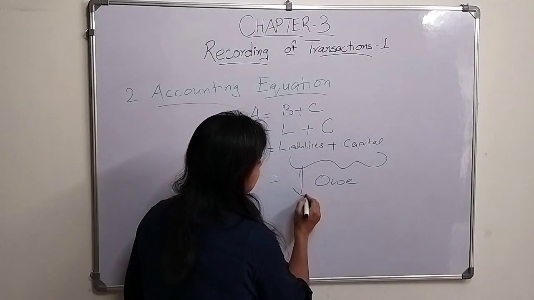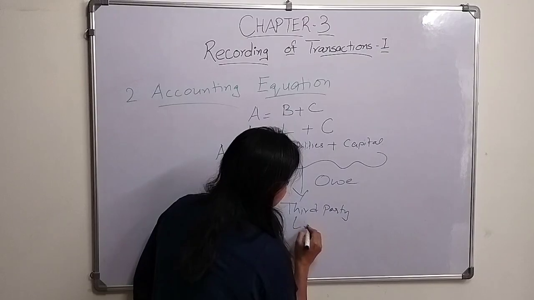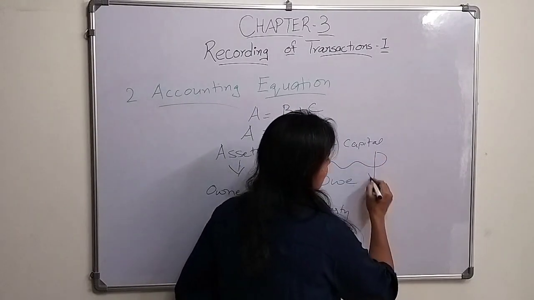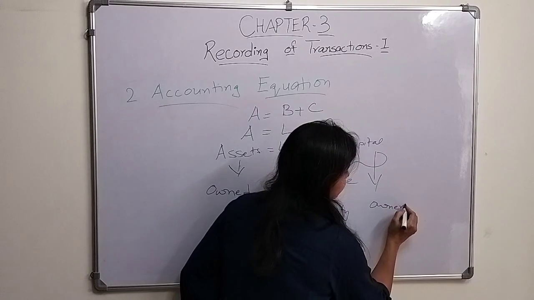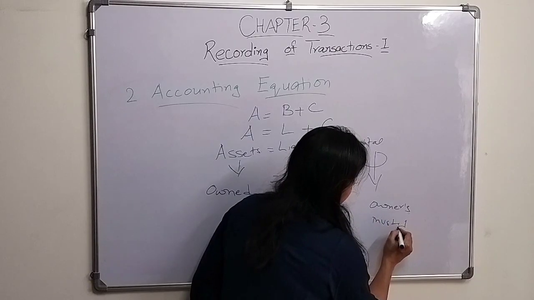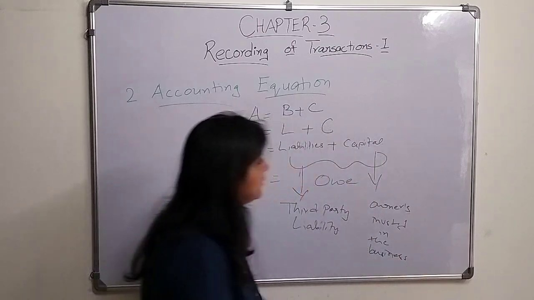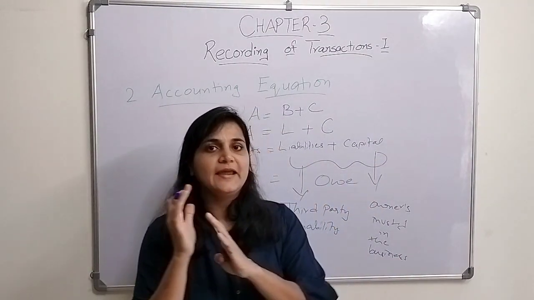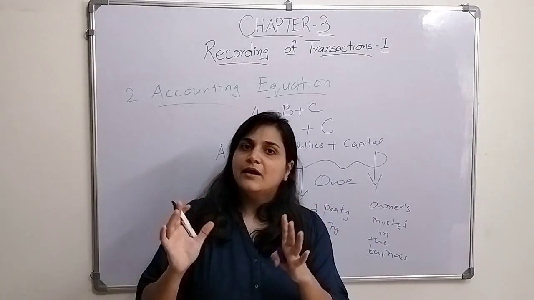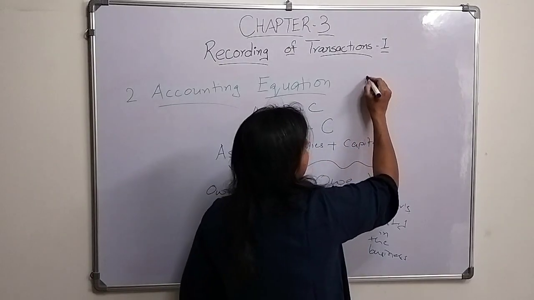This liability is third party liabilities, and capital is the amount that the owner has invested in the business. Okay. Now, as we discussed earlier also, the owner is different, the entity is different. So the entity is liable to pay the owner the capital amount. And where do we represent it? In the balance sheet.